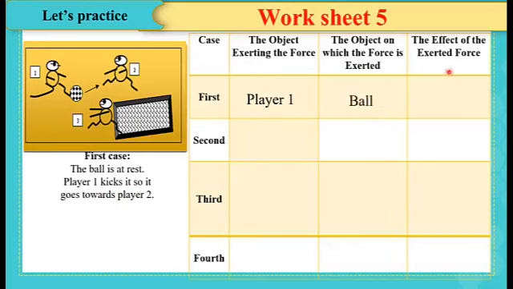What is the effect of the force exerted? Pay attention. The ball was initially at rest, and player 1 kicked it, so player 1 set the ball in motion. So the effect of the force exerted is to set the ball in motion.